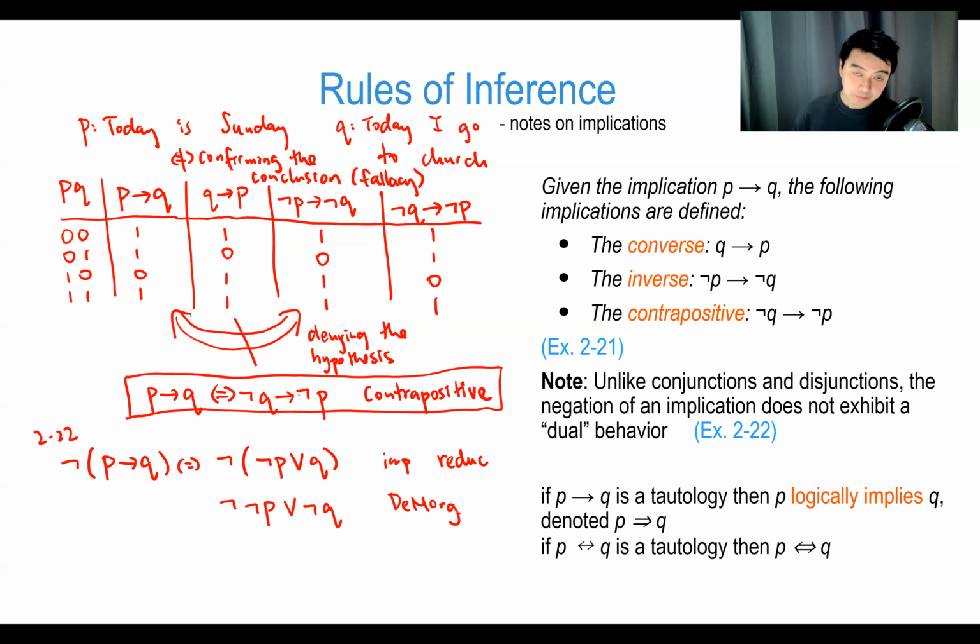Sorry, I actually have an and here. Remember De Morgan's law: when we distribute the negation inside, this or has to become an and. My apologies there. So now we have P and not Q, from double negation, where the two nots disappear.